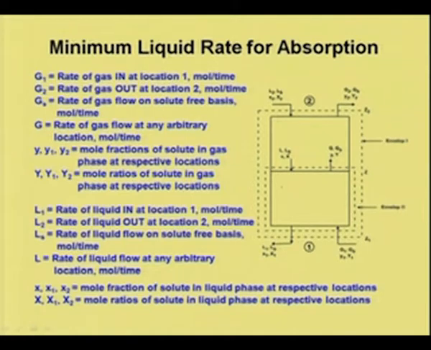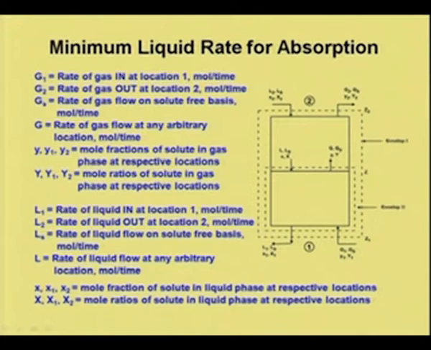Let us consider, as we have discussed earlier in module 2 and module 3 on stage-wise operations, this model absorber, where gas enters at the bottom of the column and exits at the top, and liquid enters at the top of the column and exits at the bottom.